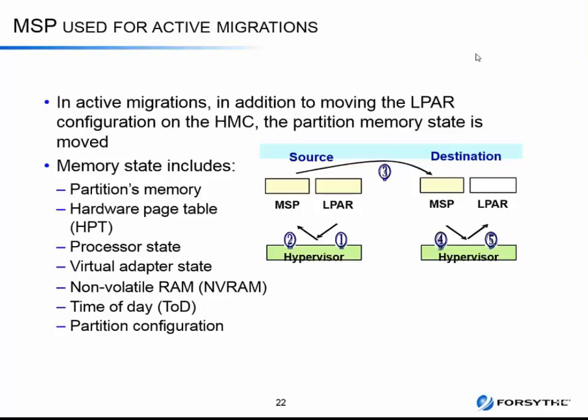The memory state is going to include the partition's memory itself, the hardware page table, which keeps track of what pages are in use, etc., the processor state, the virtual adapter states, what they're actually doing, any NVRAM, the time of day, partition configuration. All of that is part of what gets moved to the remote location. And basically the MSPs talk to each other to get that taken care of.